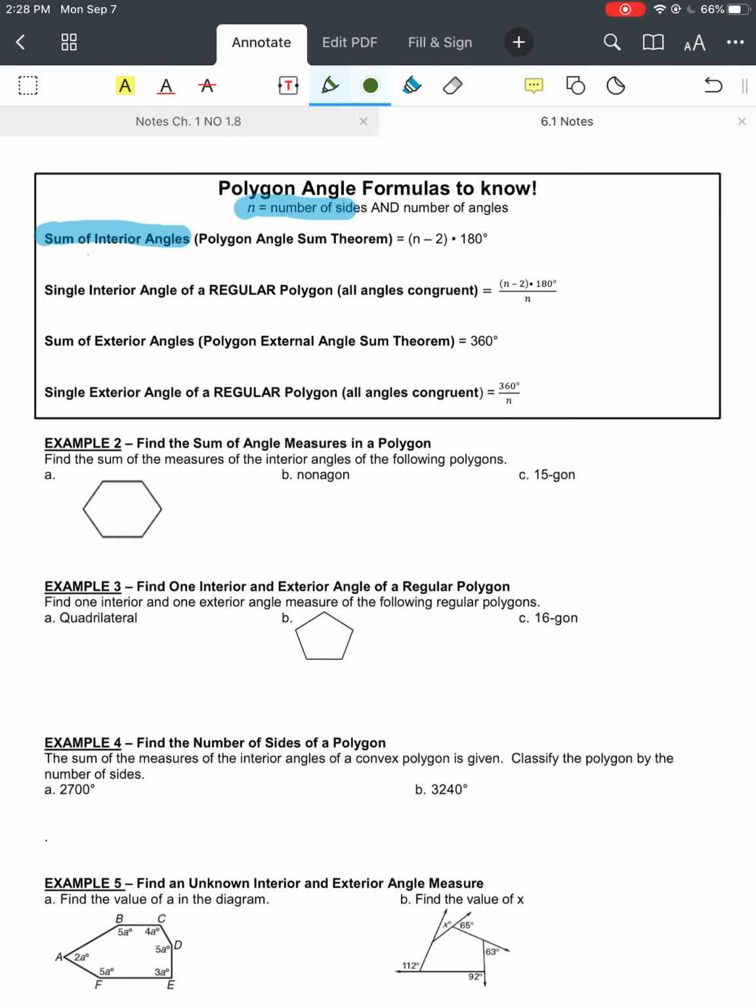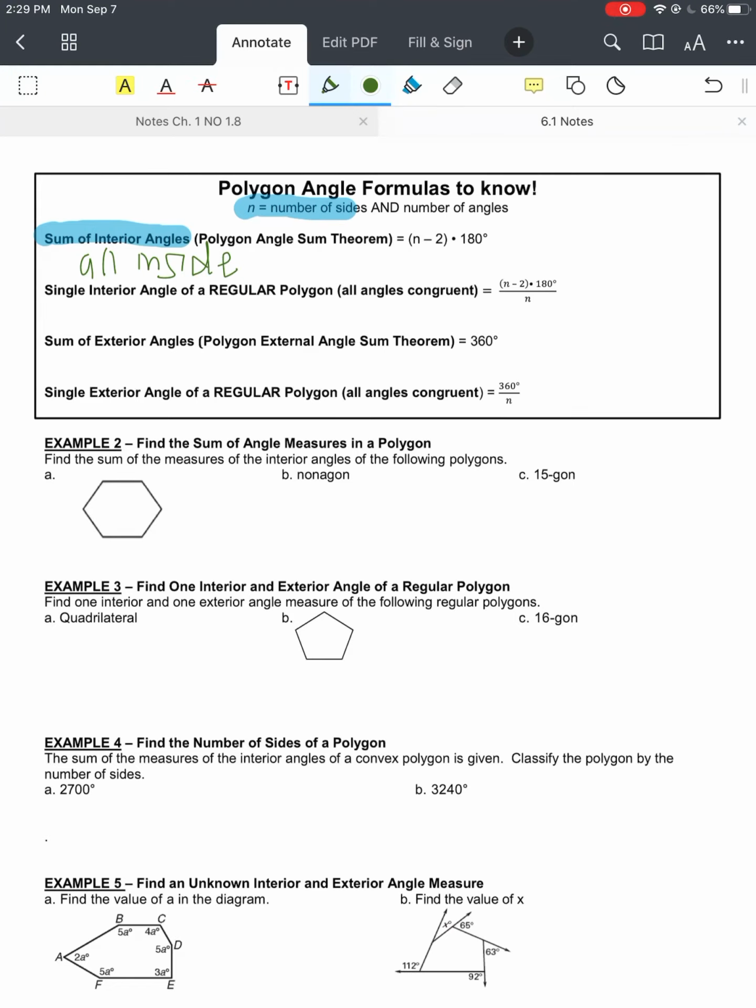That means inside angles. So for all inside angles, we're going to use this formula of n minus 2 times 180. So all the inside angles, if we take the number of sides and minus 2 from it, and then times it by 180, that'll tell us what all of the angles on the inside have to add up to.